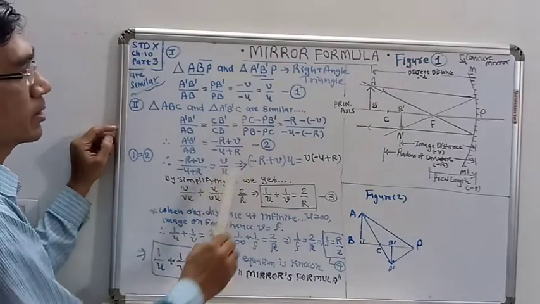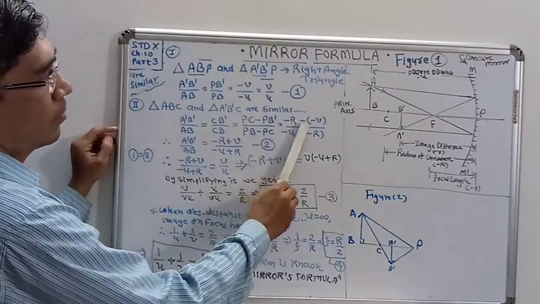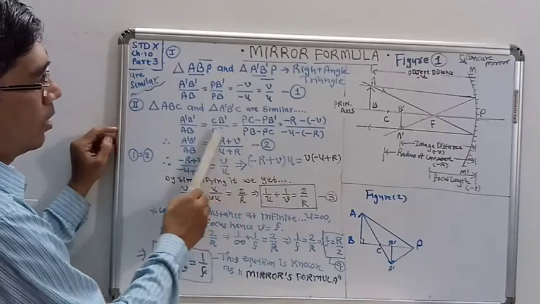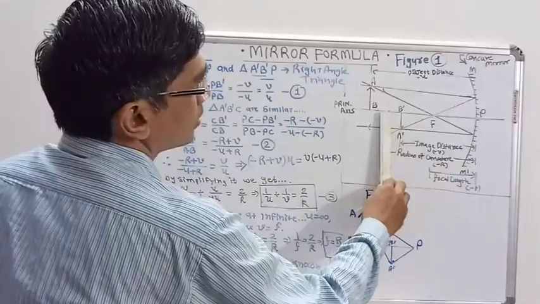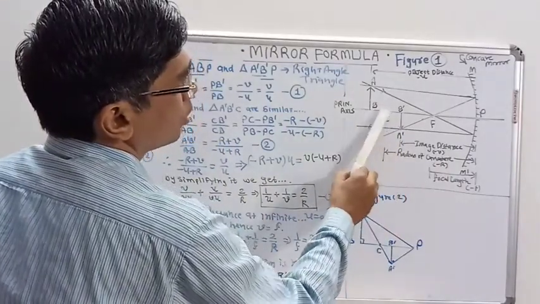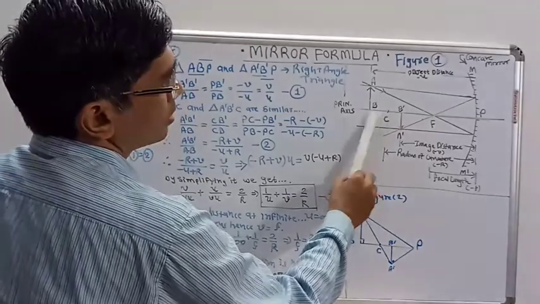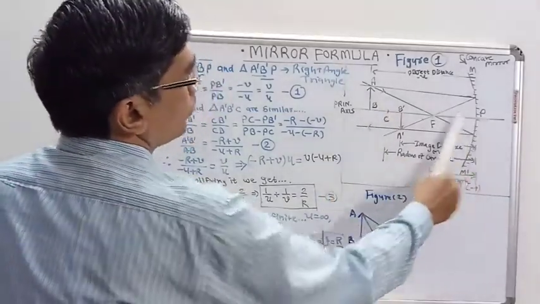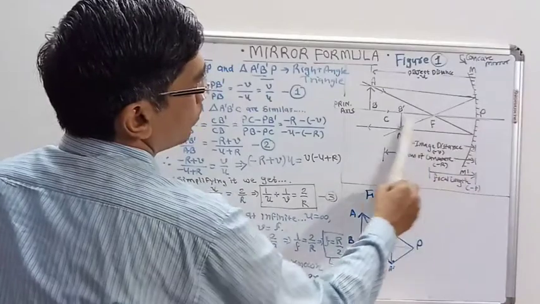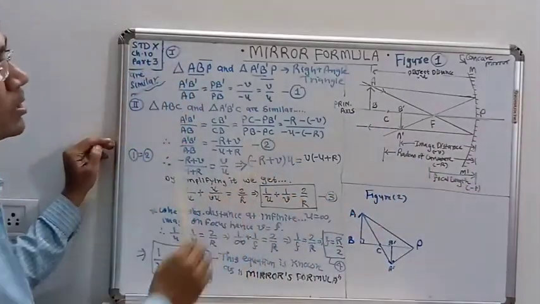PC minus PB' is equal to minus R minus V, and CB, this distance C to B on the object side, is given by PB minus PC.